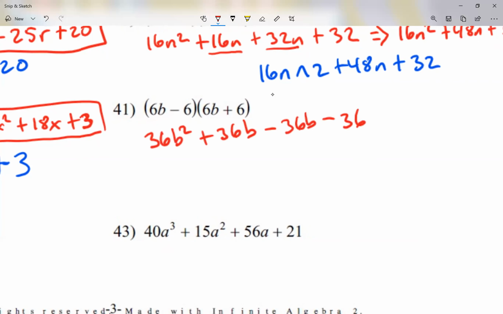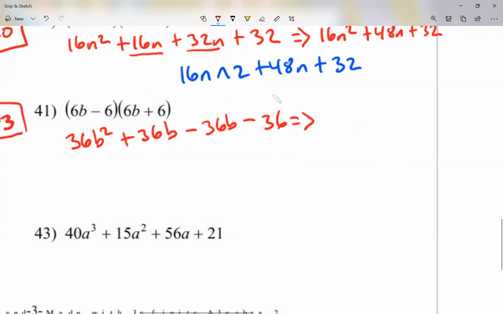And let me just say, all right, I'm going to simplify things out. The biggest exponent is b squared, so there's only one term, 36b squared. But then I see these two can be combined. They both have a b with no exponent, so b to the 1. So I'm just going to combine the numbers. 36 minus 36 is 0.